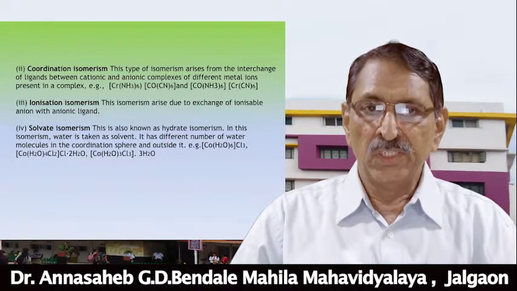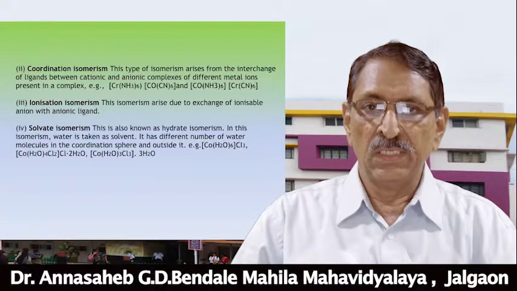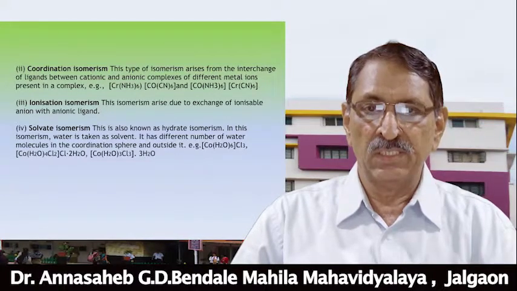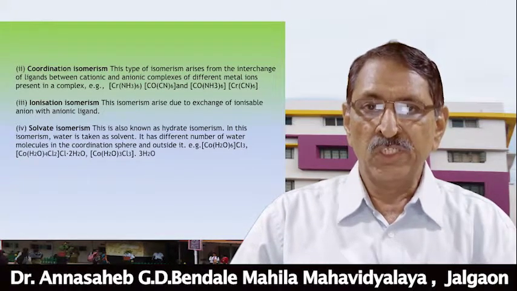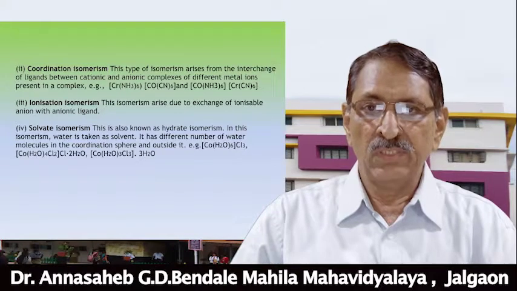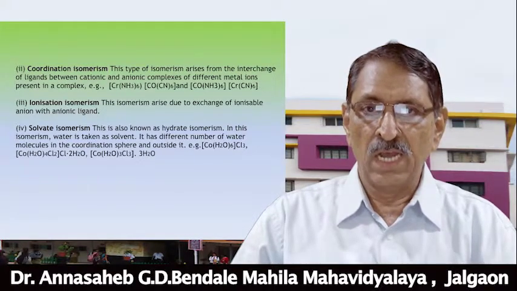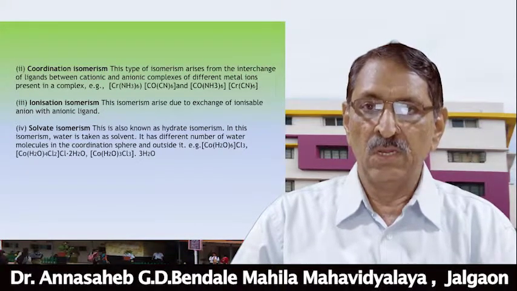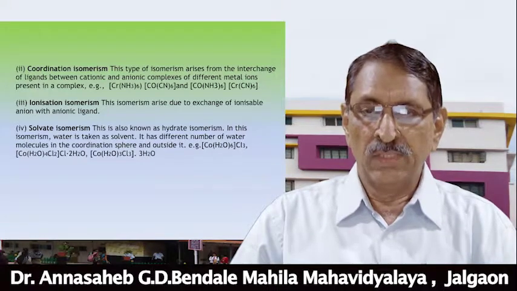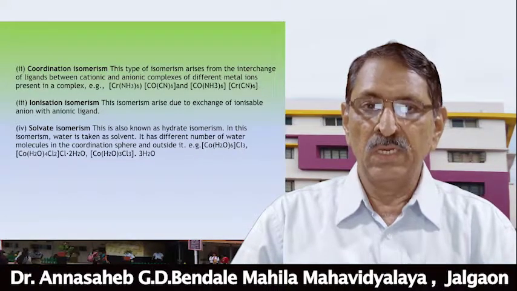In coordination isomerism there is an interchange of ligands between these two, and therefore after the isomerism the compound is written as hexaammine cobalt(III) and hexacyano chromium(III) ion.